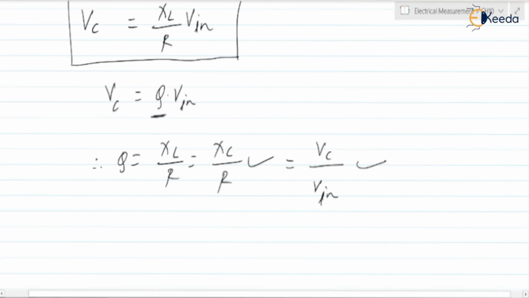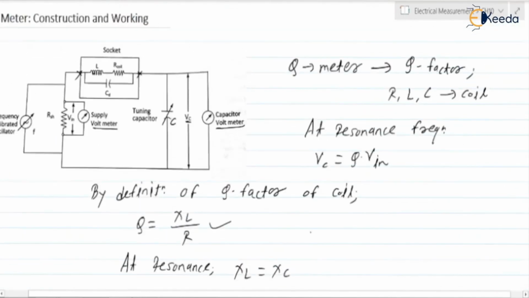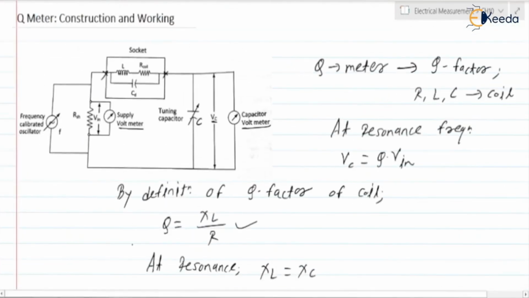So the calculated Q factor of the coil will be somewhat lesser than the Q factor of the circuit. But generally we consider this Q factor to be nearly equal to the Q factor of the coil only. So friends, this is about the Q meter construction and the working. Thank you.